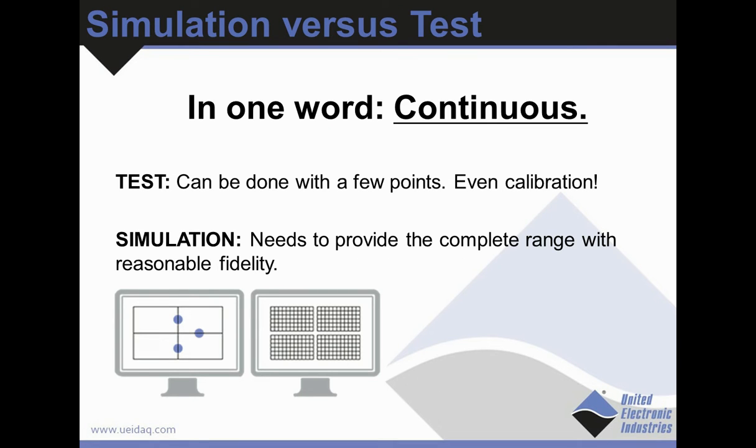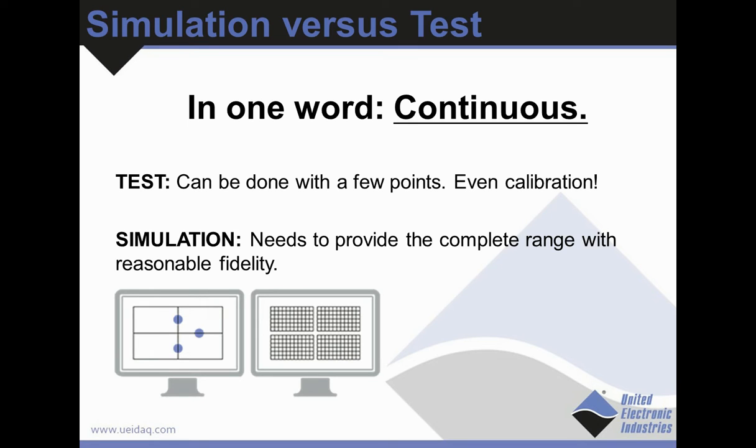So I want to chat a little bit about simulation versus test, because they certainly come from the same worlds. And if I had to think of one word to describe the difference between simulation and test systems, the word would be continuous. When I think of testing an A to D system or a temperature measurement system, it can often be done in a couple of points.